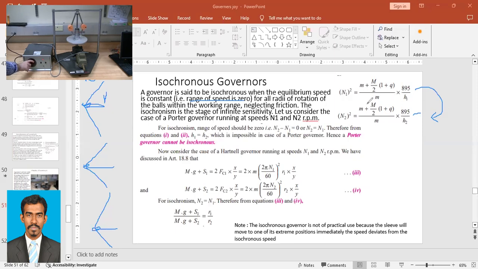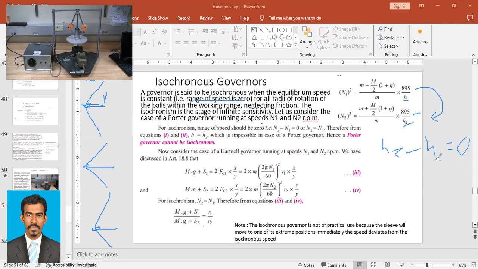The m, M, q, and 895 are all the same in both; the only thing differing is h1 and h2. So n2 minus n1 equal to 0 means h2 minus h1 equal to 0. Therefore, from equations 1 and 2, h1 should be equal to h2.